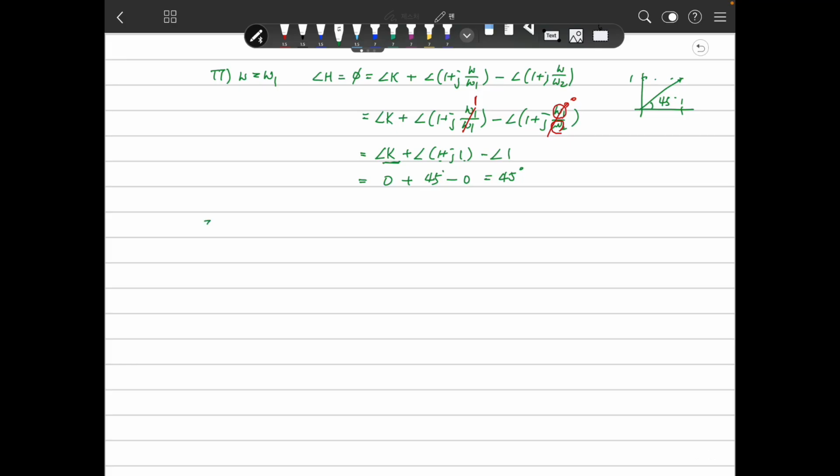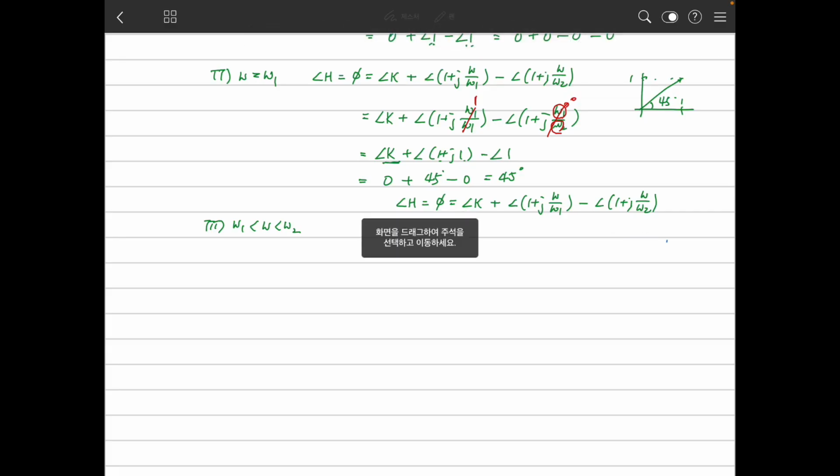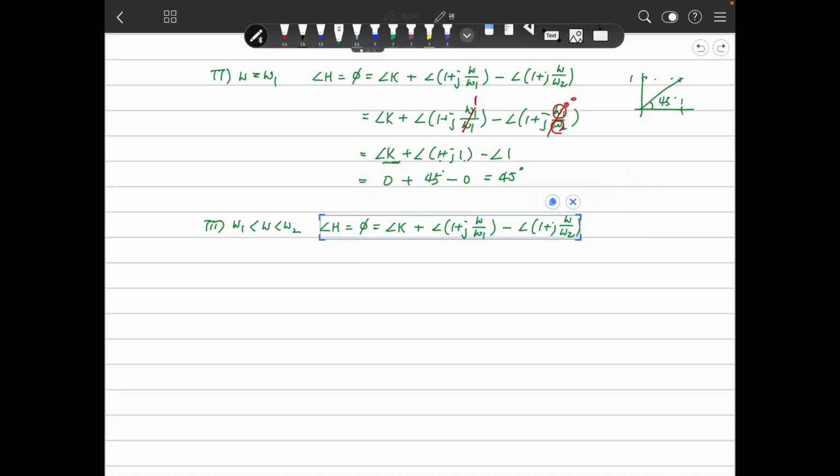Next is omega between omega 1 and omega 2 here. In the same manner, this is H. When omega is larger than omega 1, this is larger than 1.